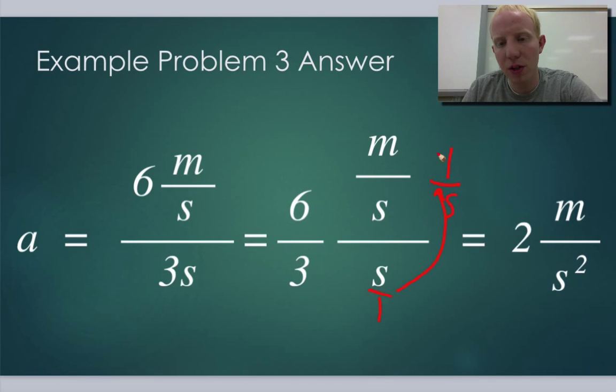So now you have meters times 1 and seconds times seconds. That's what's going to give you this seconds squared over here. Okay, and so be careful not to cancel out seconds when they really should be multiplied together. So if you ever have a complex fraction, a fraction over a fraction, remember to do the reciprocal, flip this upside down and multiply it to make sure you get the right units on that.